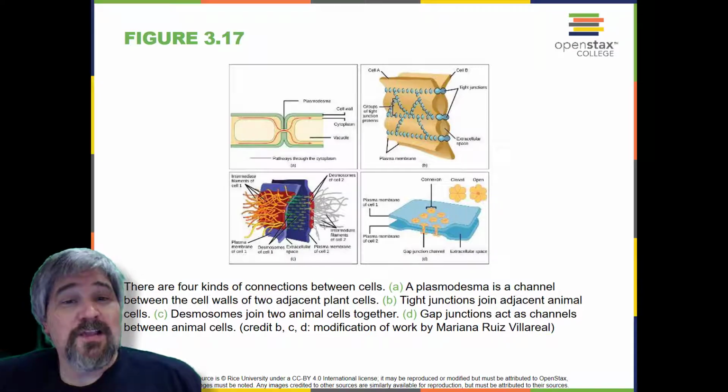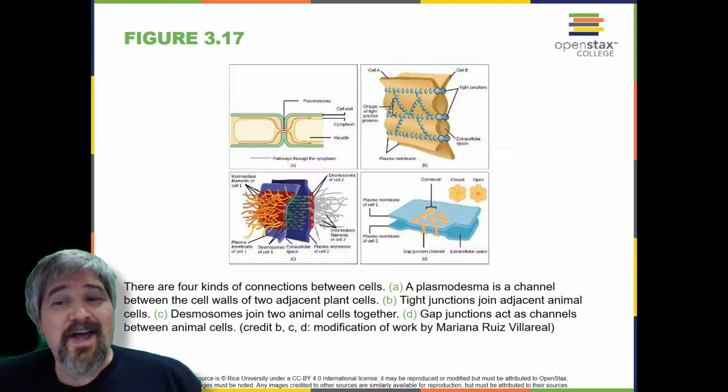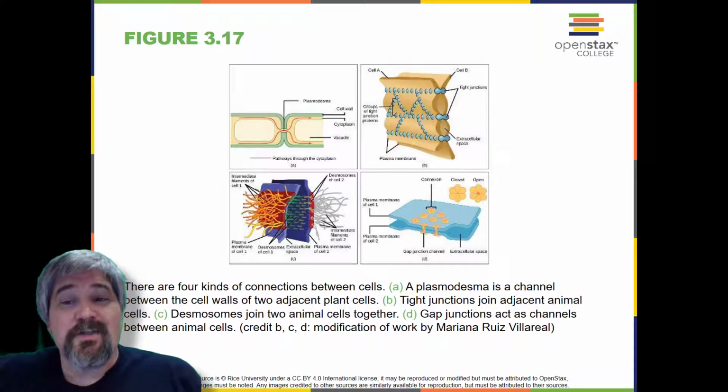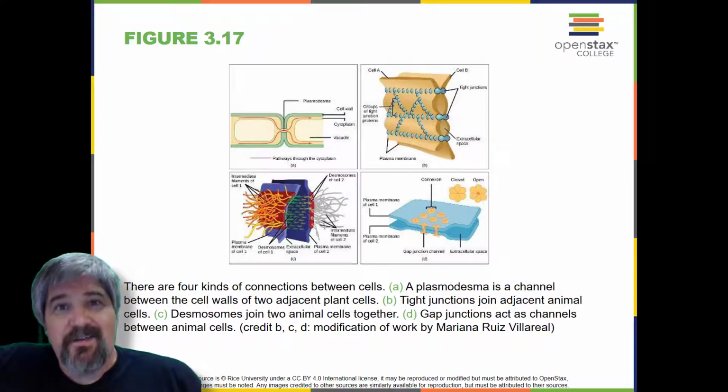In general, long stretches of the plasma membranes of neighboring plant cells cannot touch one another because they are separated by the cell walls surrounding each cell. Plasmodesmata are numerous channels that pass between cell walls of adjacent plant cells, connecting their cytoplasm and enabling signal molecules and nutrients to be transported from cell to cell.